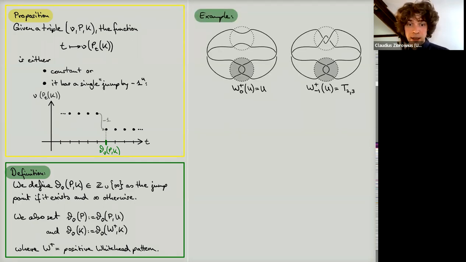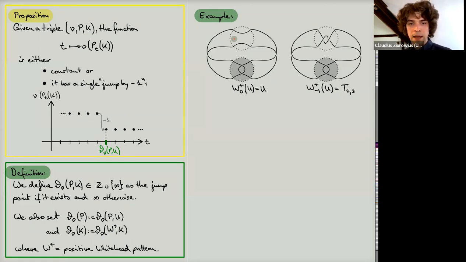For example, let's look at this very simple example where we have the pattern equal to the positive Whitehead double, so the positive Whitehead pattern, just this clasp. And let's evaluate this on the unknot. That's this picture here. Up here, there's the trivial tangle, the companion tangle corresponding to the unknot, and indeed this diagram on the left is the diagram of the unknot.